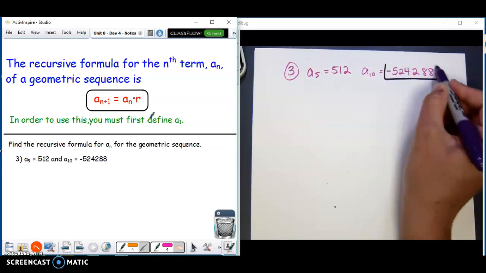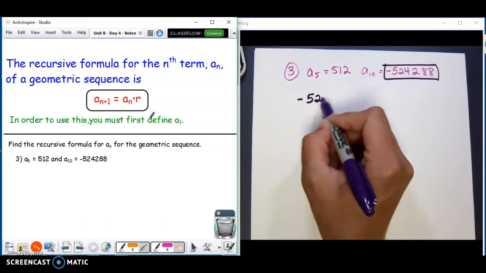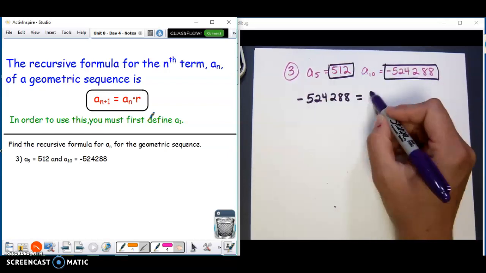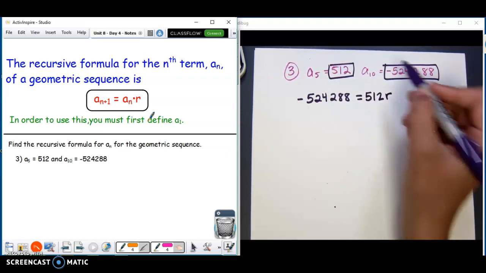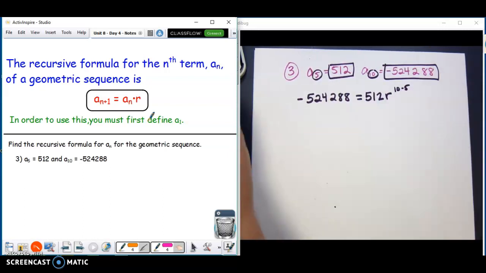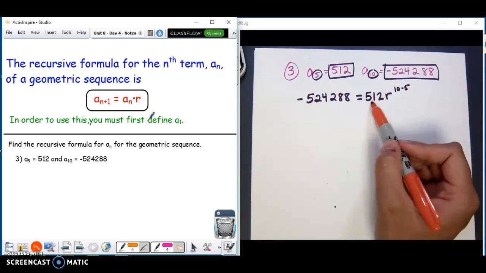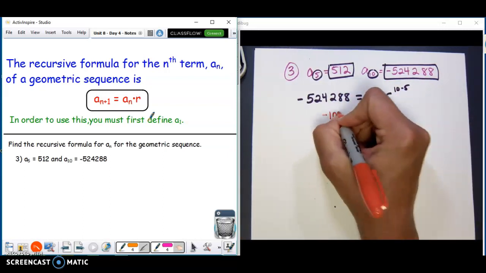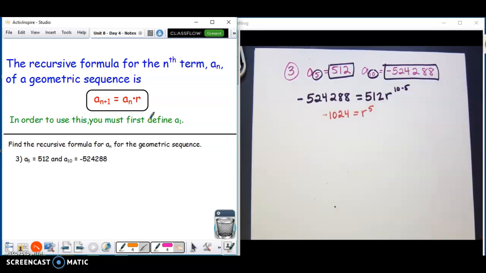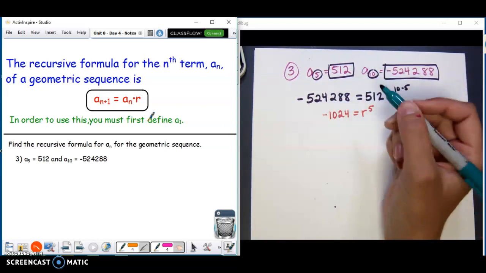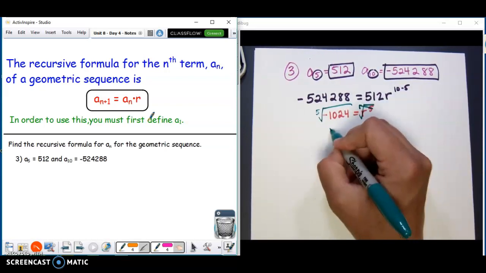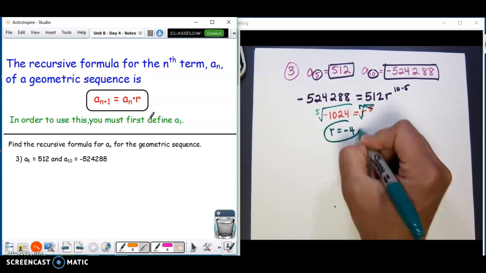So I'm going to take the second number, set it equal to this first number, times r, and it's going to be r to the 10 minus 5 power. So if you divide both sides by 512, you'll get negative 1024 equals r to the 5th power. And then using your calculator, of course, if you take the 5th root, you will get the ratio is negative 4.